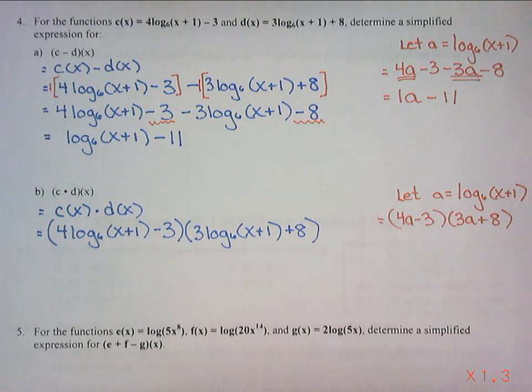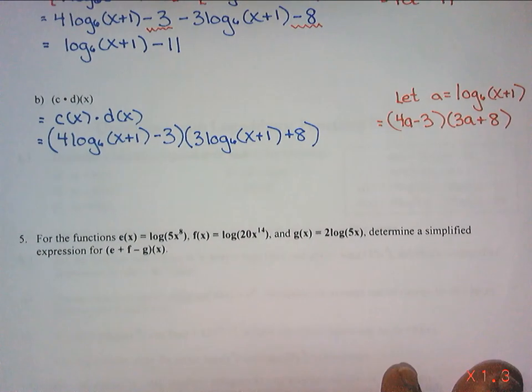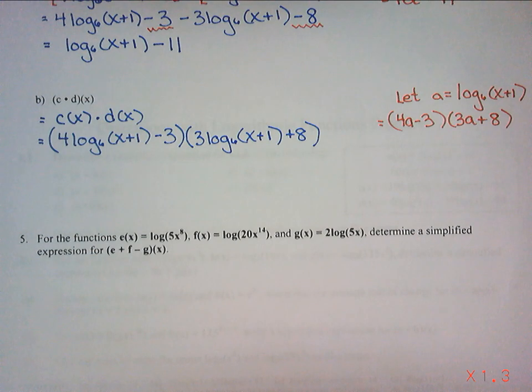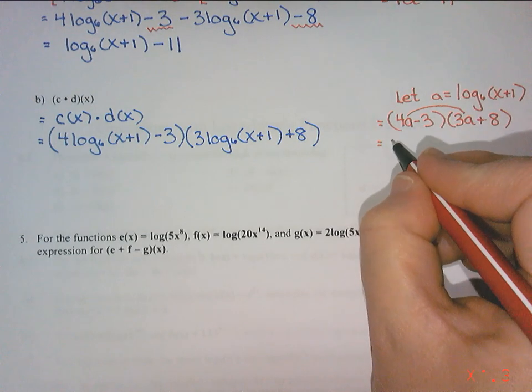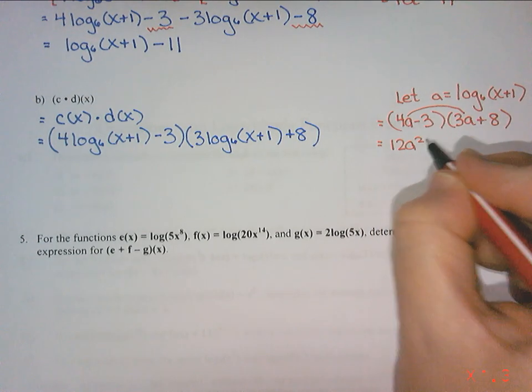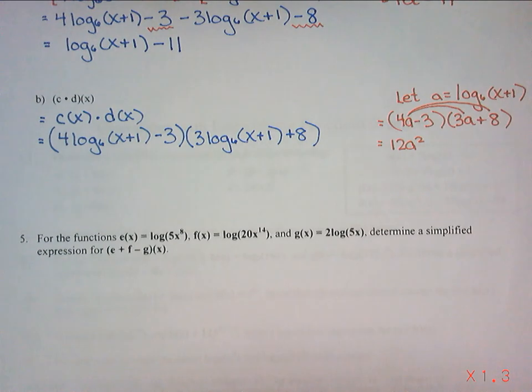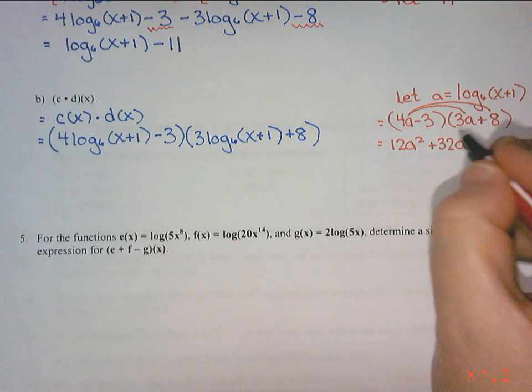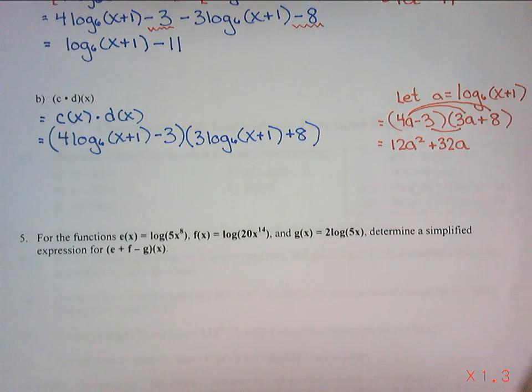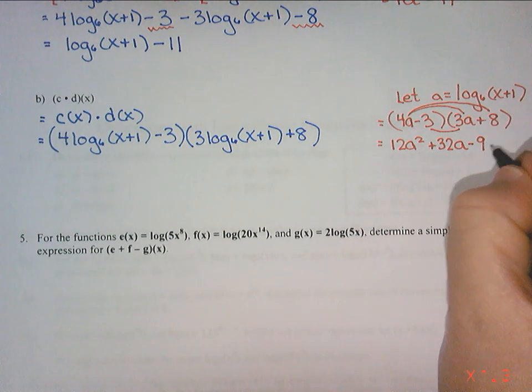And then this is just a simple polynomial multiplication question, right? We are going to distribute or use FOIL. We're going to do 4A times 3A. That is 12A squared. 4A times 8. That is 32A. Negative 3 times positive 3 is negative 9A.